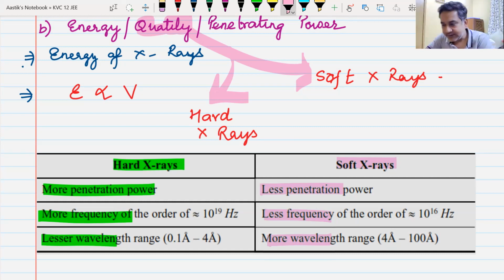Okay, hard and soft X-rays are done, and I will find a question which has come on this in your previous year. So that is what I'm looking at. I have this previous year paper. Okay, this is X-rays.